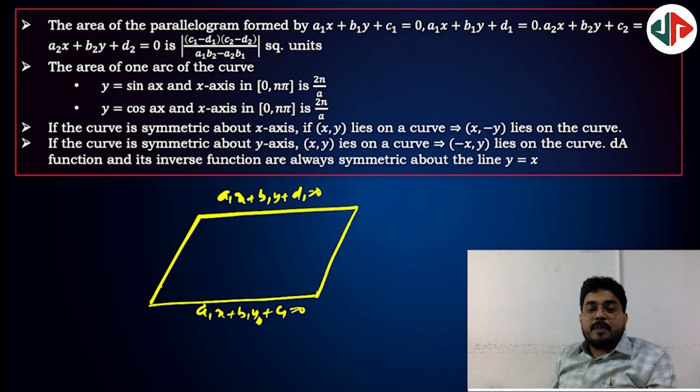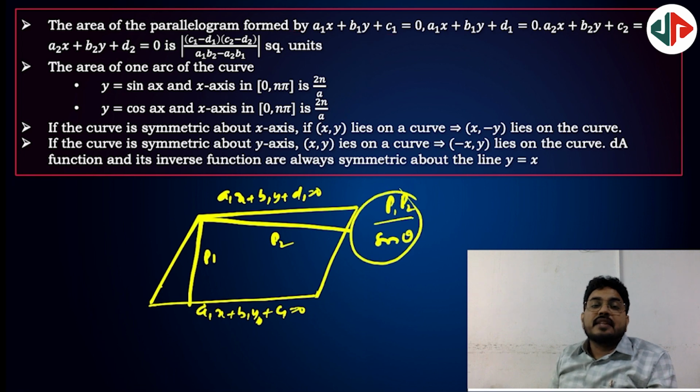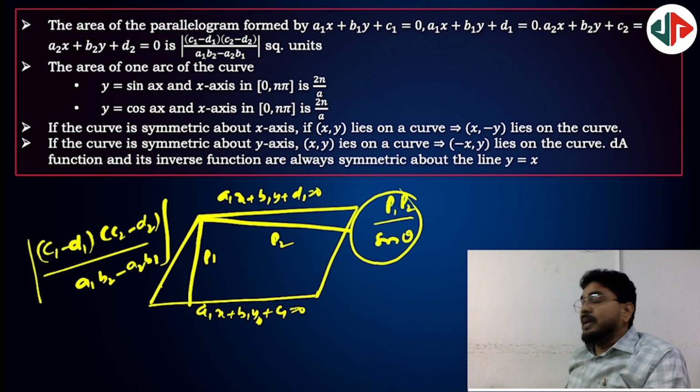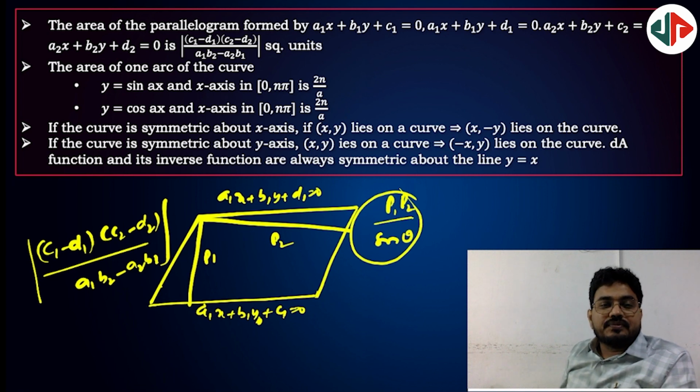So this height is p1, and if you take this one as p2, the area will be equal to p1 p2 by sine theta. Based on that, you will get the modulus of c1 minus d1 into c2 minus d2 by a1 b2 minus a2 b1 for the area of the parallelogram.